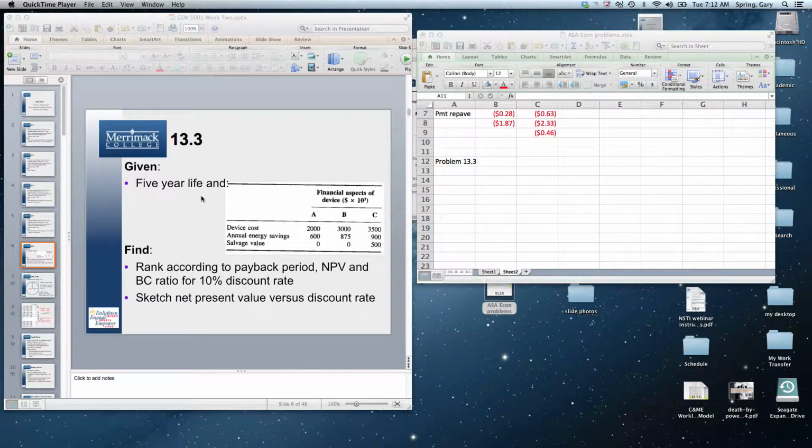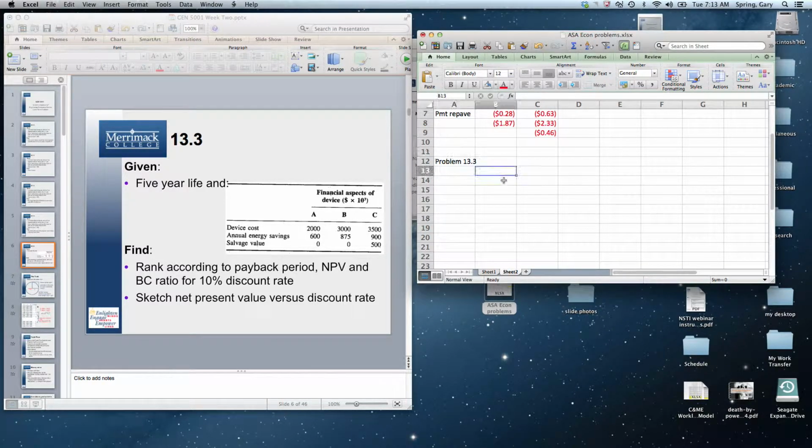We have a 5-year life here for these three choices, and there's an alternative A, B, and C. And we have an initial cost of $2,000, $3,000, $3,500, annual savings of $600, and then salvage of $500.